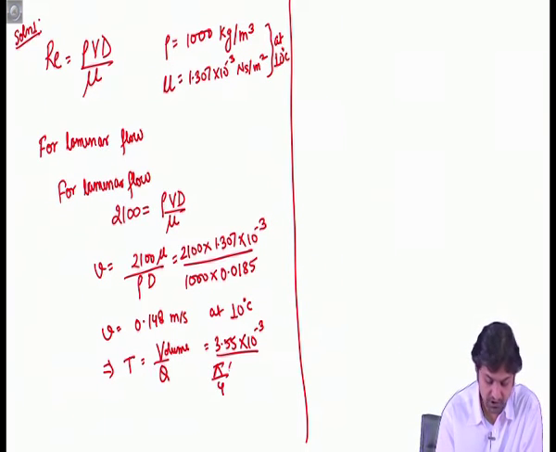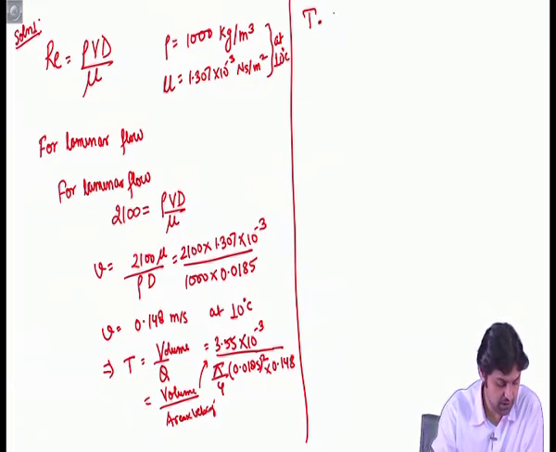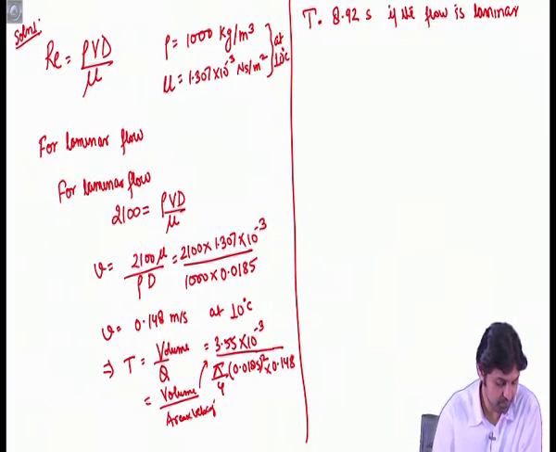Pi by 4 into d square, into velocity, which we have got 0.148. So I think I should write this step again: volume divided by area into velocity. Therefore, if you do this calculation, the minimum time taken to fill will be 8.92 seconds if the flow is laminar.